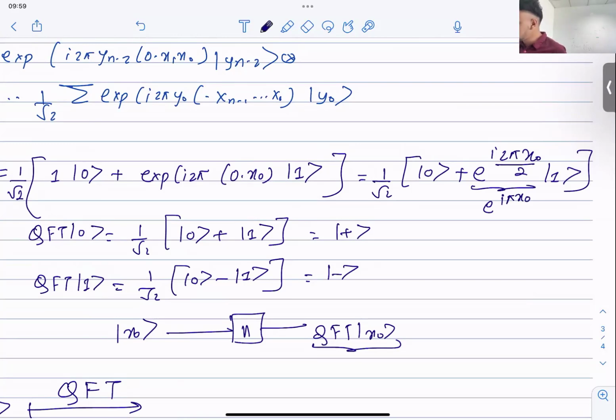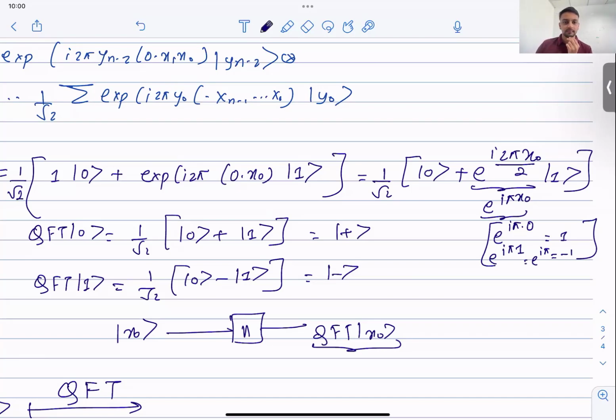When x0 is 0, this thing is 1. That's why I had a 1 here. I didn't write it down. When x0 is 1, then it's e to the i pi. So I just use the identity: e to the i pi times 0 is just 1, and e to the i pi times 1 is just e to the i pi, and e to the i pi is minus 1. That's Euler's identity.